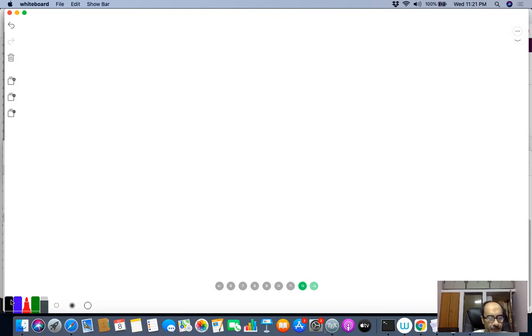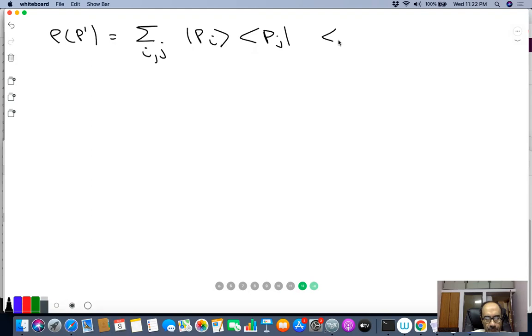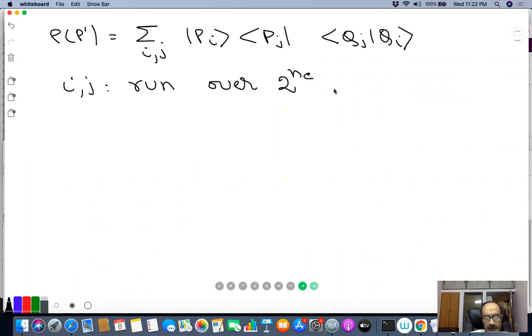So rho of P prime is a sum over i, j, where i and j run over 2 to the NC levels, because i and j are the indices that label the Hilbert space of the links that are cut, even though those basis states have not entered anywhere.